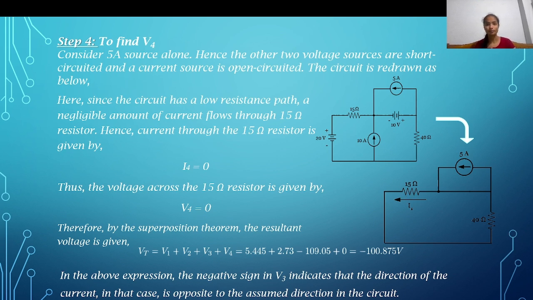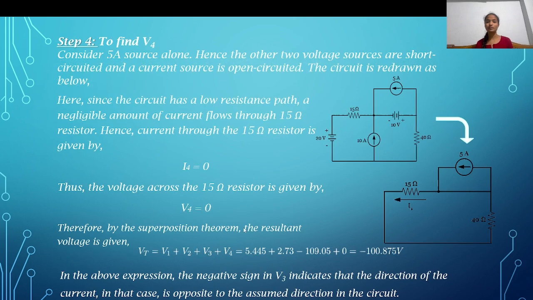So the current through the 15 ohm resistor is 0, that is I4 is equal to 0, and automatically V4 is equal to 0. So by using the superposition theorem, V total is equal to the sum of all the voltages: V1, V2, V3, V4. Here V3 is negative because this indicates that the direction of the current in that case is opposite to the assumed direction in the circuit.